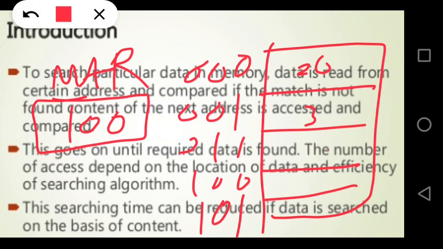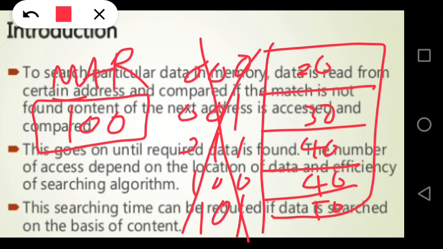But what happens in a special type of memory called associative memory? There is no concept called addressing. Directly the MAR contains part of the data. Let's assume this is 20. So it contains part of the data.